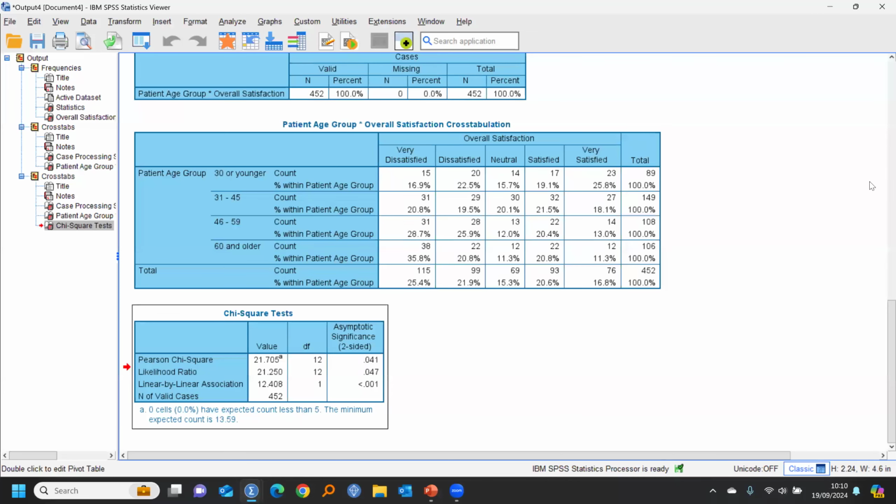So if these two variables were completely independent of one another, it's possible that you could still get this result. I mean, it could just be a fluke, and that's really what it's showing us, saying, well, it's possible that this is completely just the luck of the draw, that it seems that older people are more likely to be dissatisfied than younger people. But it wouldn't happen very often.